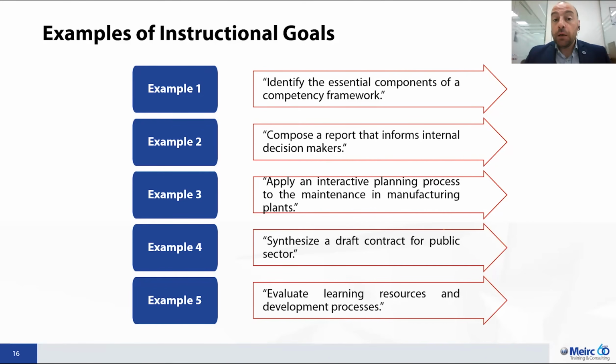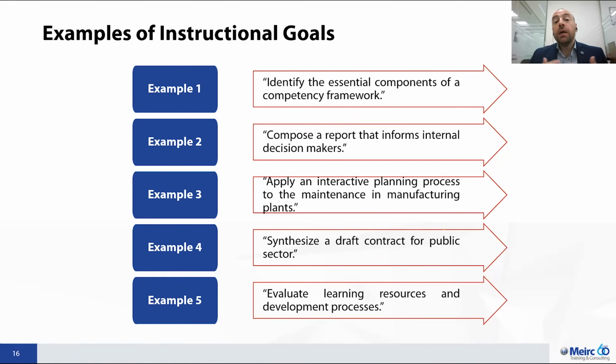Maybe I would like participants to be able to identify the essential components of a competency framework. And that would be an HR course. Maybe I would like participants to compose a report that informs internal decision makers.